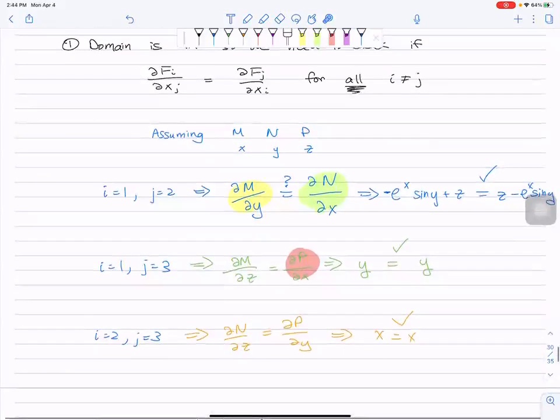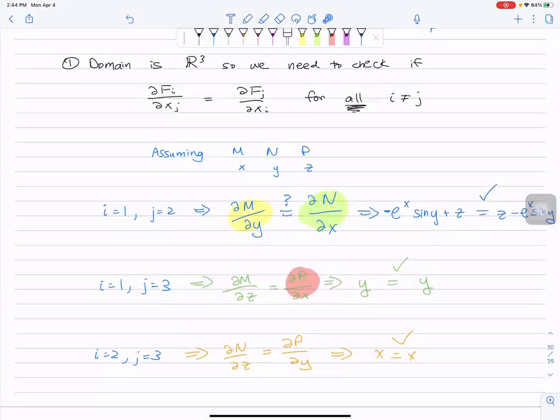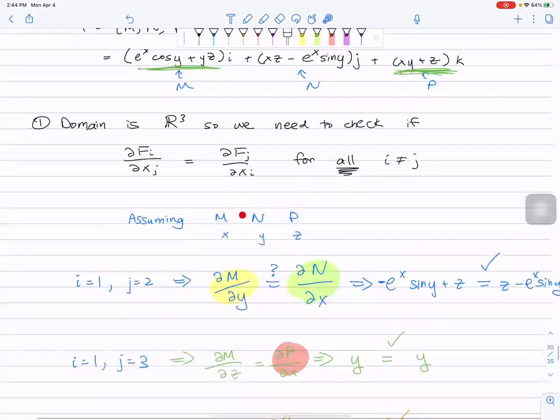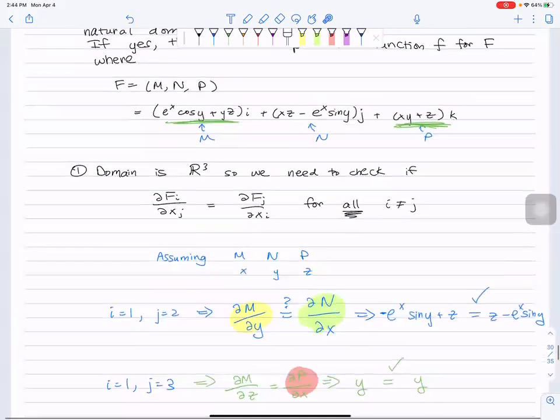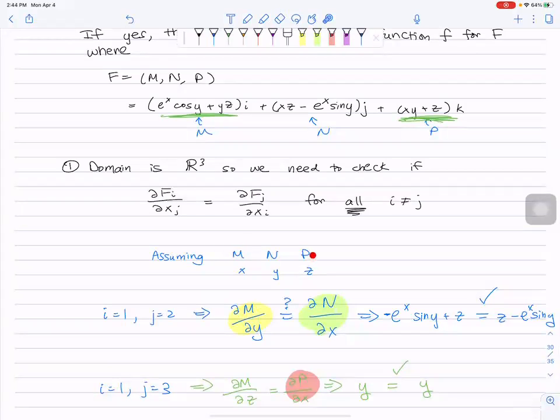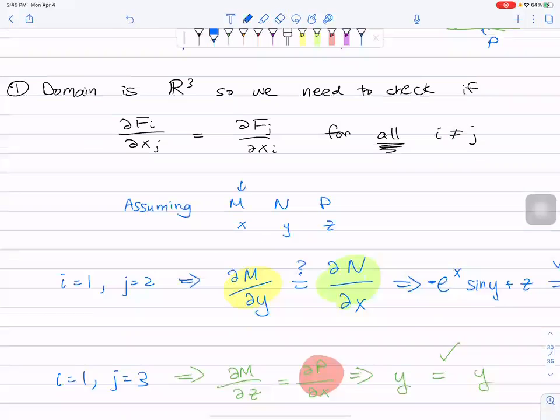Okay, so now we know that it's conservative. Let's try to find the potential. I wrote down the components of capital F, which are M, N, and P. And then what are all our variables? It's X, Y, and Z. So I choose this as anything with 1 will be an M or X, anything with 2, anything with 3.